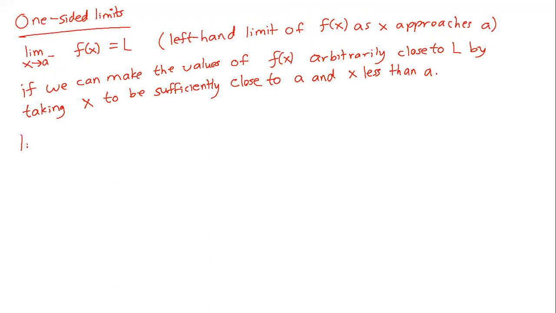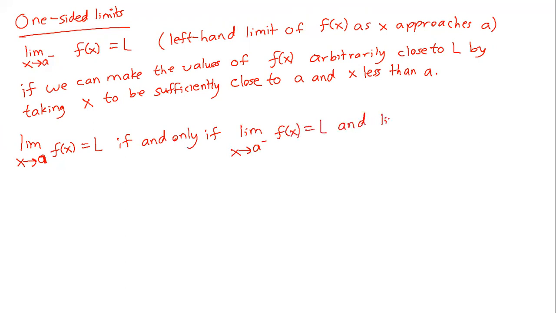So there is also this general statement about limits. The limit as x goes to a of f of x equals L if and only if the limit as x goes to a from the left of f of x equals L, and the limit as x goes to a from the right of f of x equals L. What this means is that if and only if means it has to go both ways.